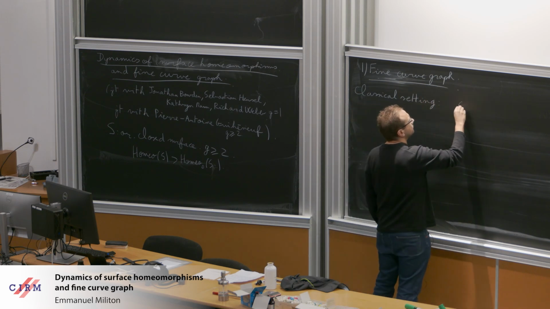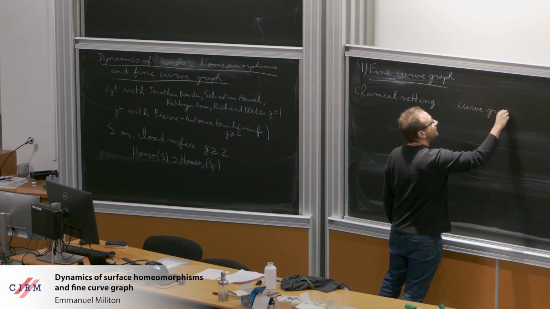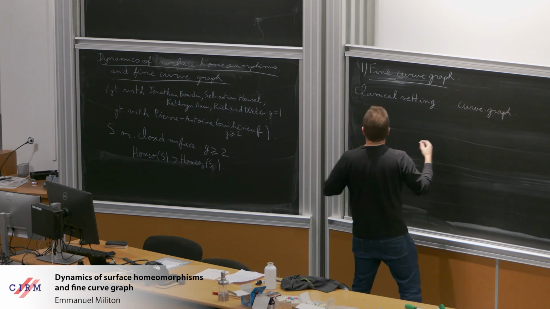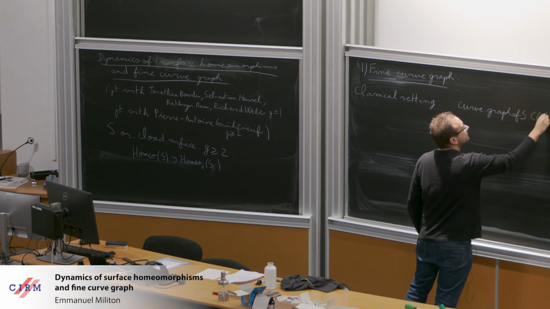So this is what we call the curve graph of S. We usually denote it by C of S.